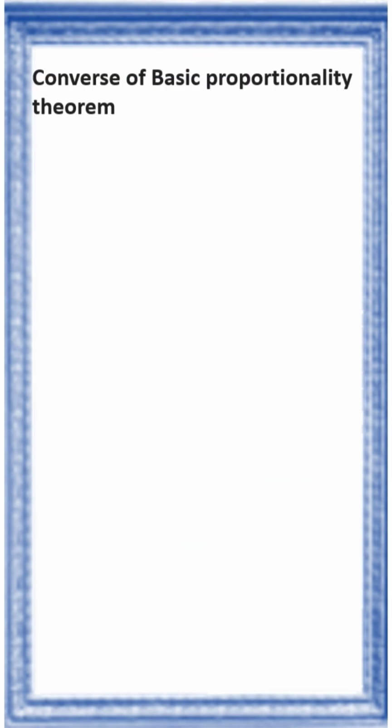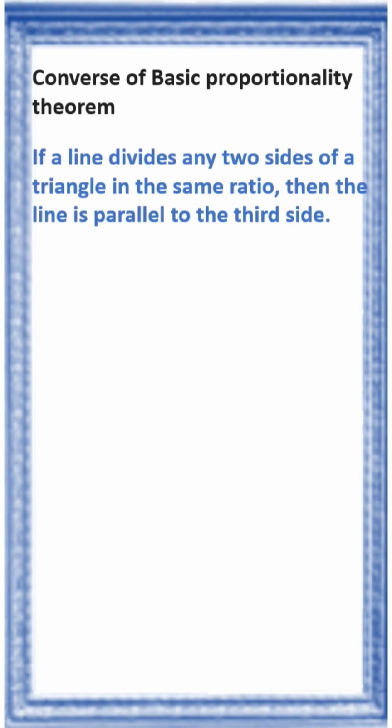Now let us have a look into the converse of the basic proportionality theorem, the statement of which is, if a line divides any two sides of a triangle in the same ratio, then the line is parallel to the third side. What has been given now?